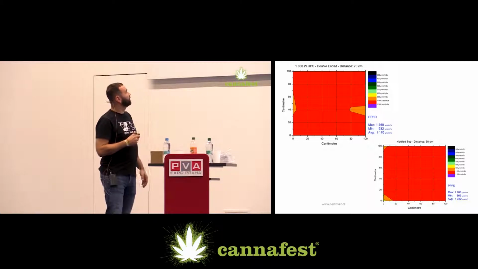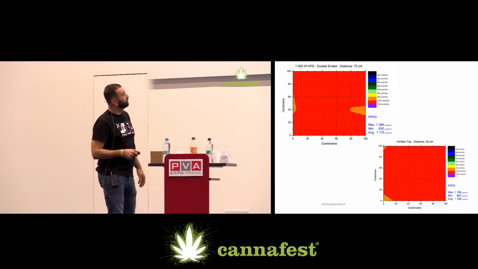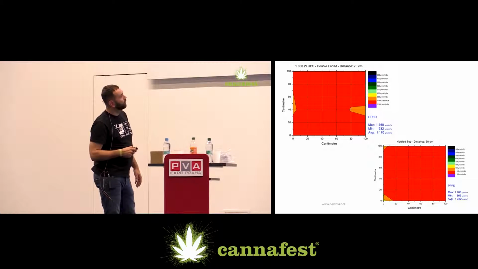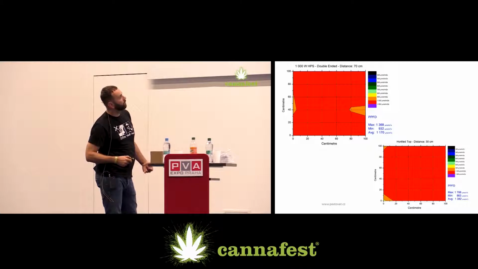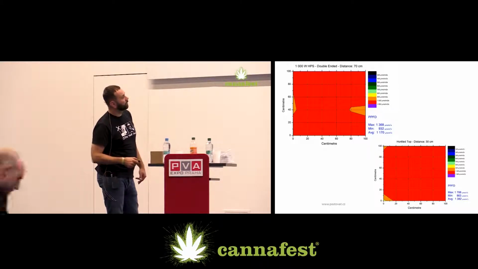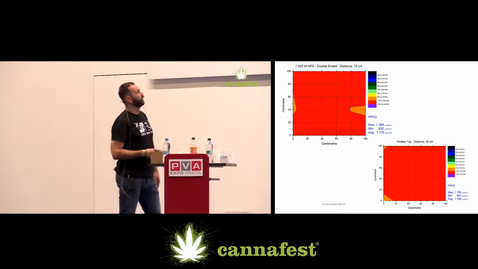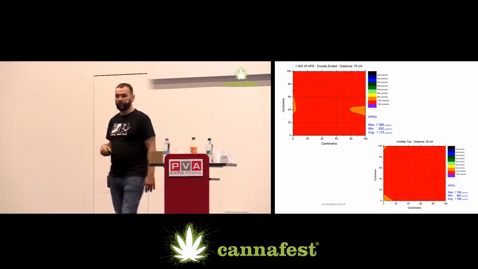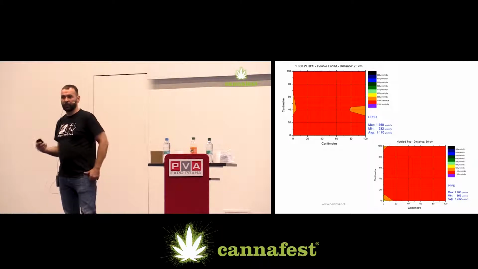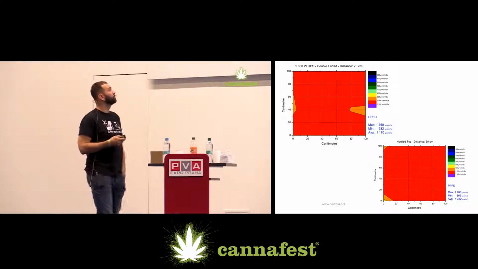Just for comparison, 1000 watt double-end discharge bulb and LED module 660 watts. You can see the only difference is that here we measured lower minimum value, but it's negligible. But maximum and average, the LED module, which could replace the 1000 watt bulbs, was better off.